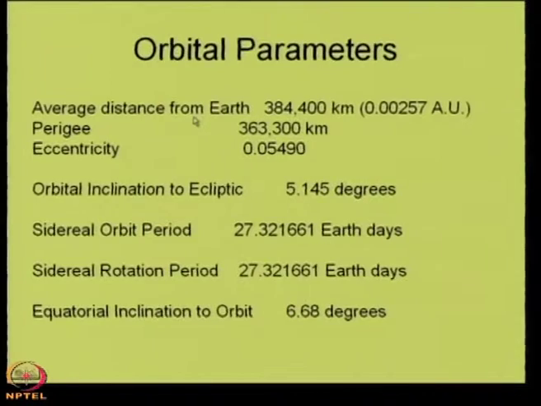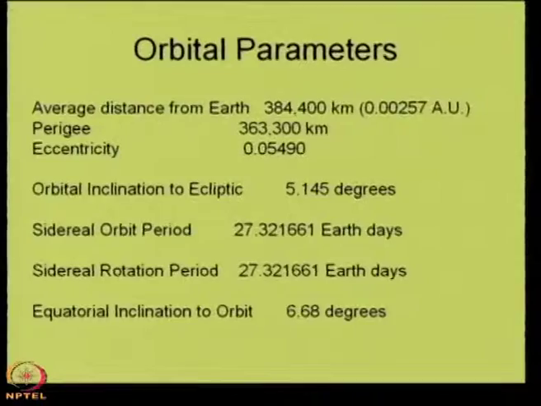So, the orbital radius of the moon is much smaller than the orbital radius of the earth around the sun, and this gives you the nearest distance of the moon from the earth. And the orbit has an eccentricity which is quite small. So, the orbit is nearly as good as circular. There are small variations in the distance, but not large.